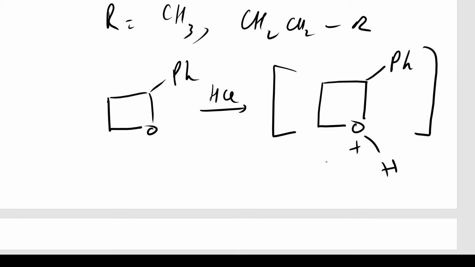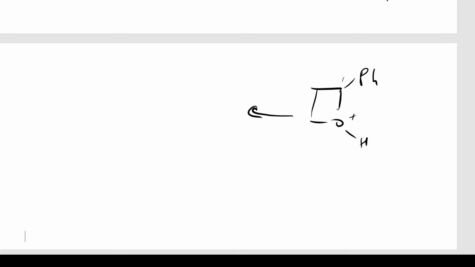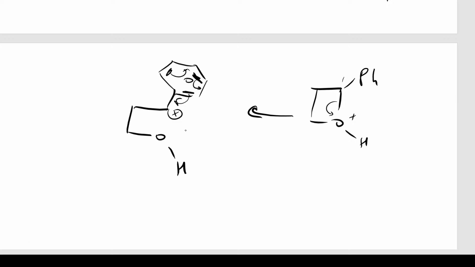Here it is different. Here you open when you have conjugation. If you open, the carbocation is more stable here. It's different because here you open first, and it's conjugated. That means you have a double bond. Then the chlorine attacks.